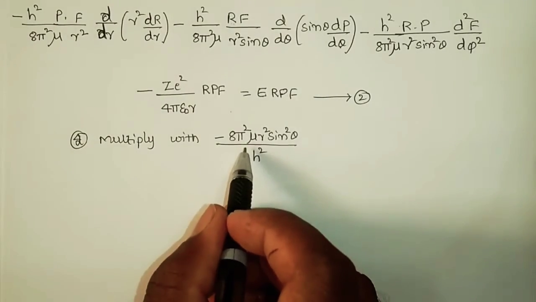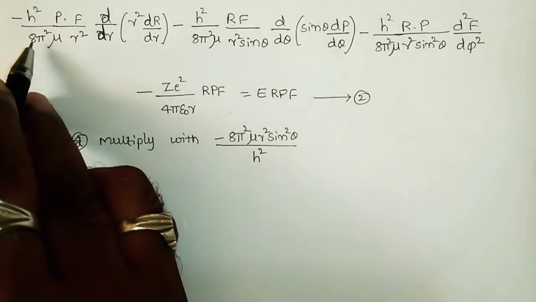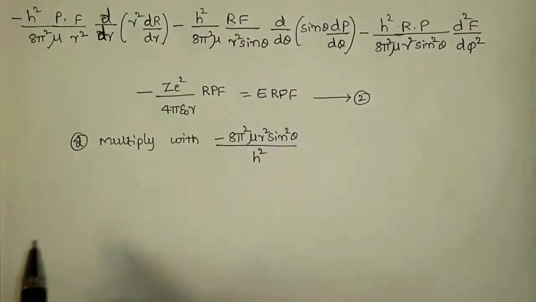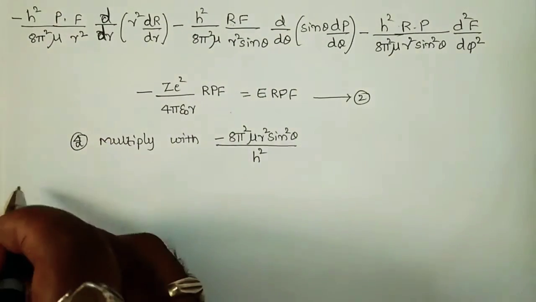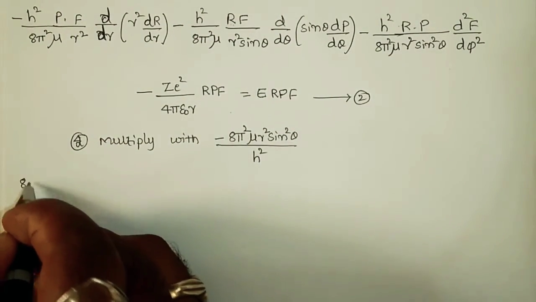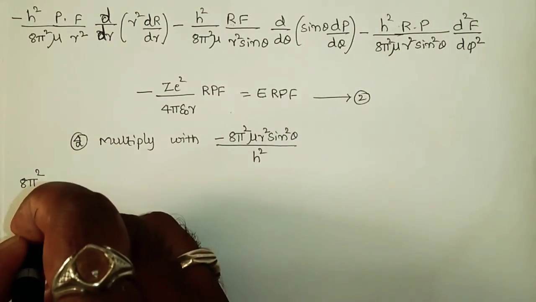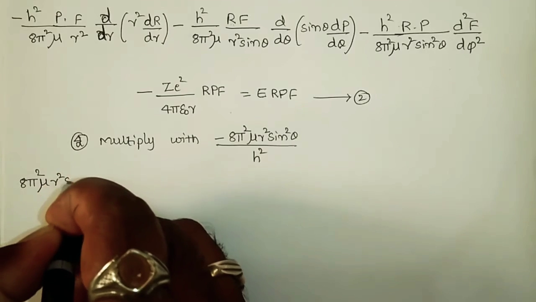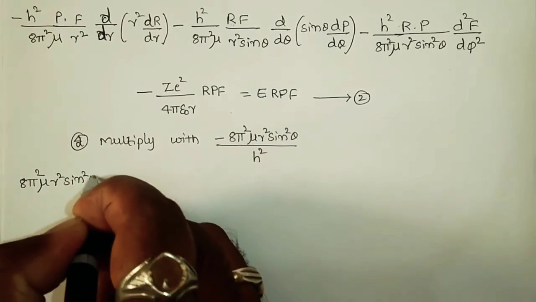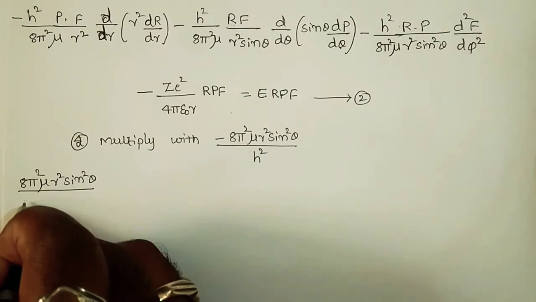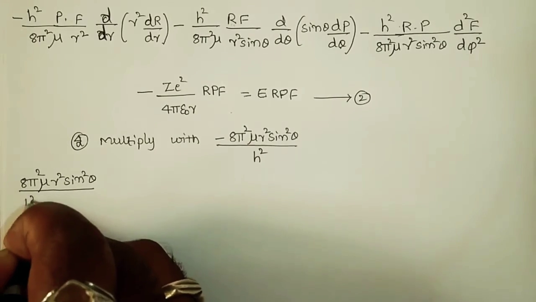So first let me write this term, later on we shall take the remaining parts which are there in equation number 2. So here minus into minus will become plus, so it is 8 pi square mu r square sine square theta by h square.